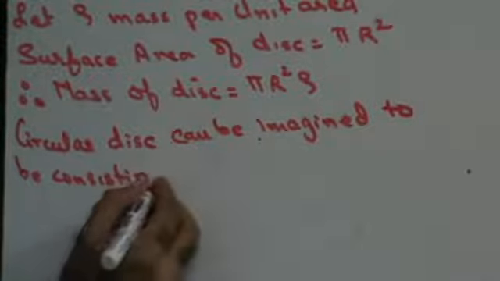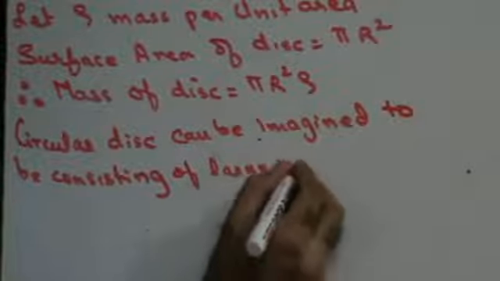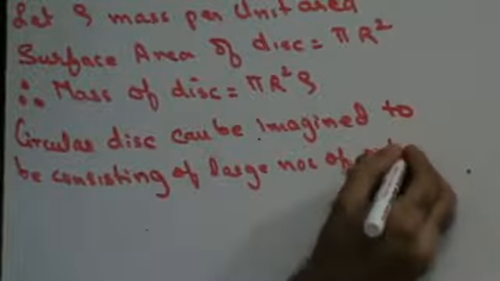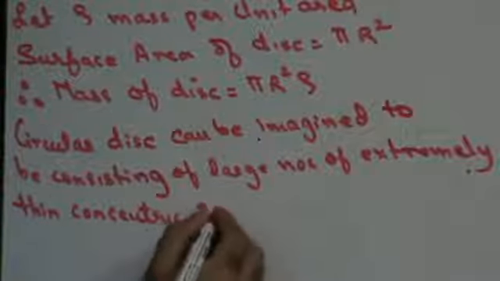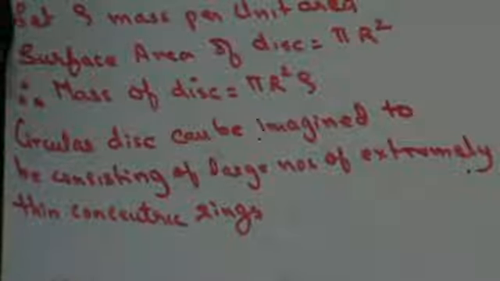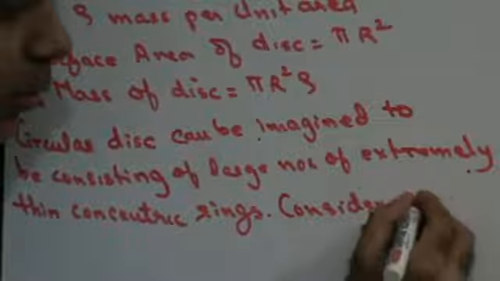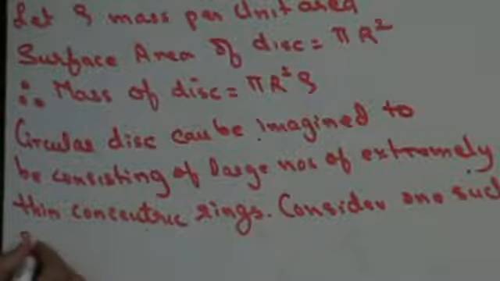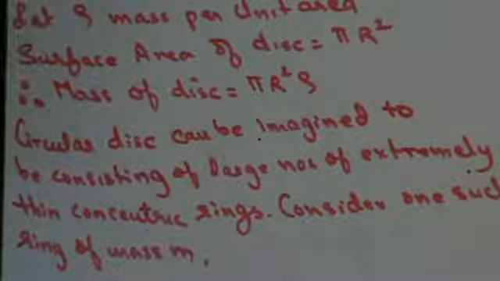Now let's consider one such ring of mass m and radius r.